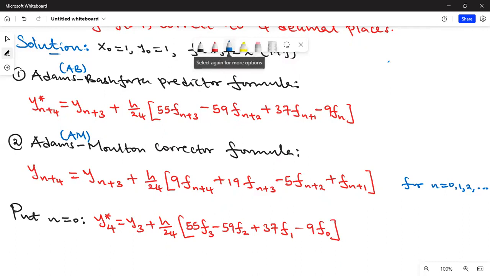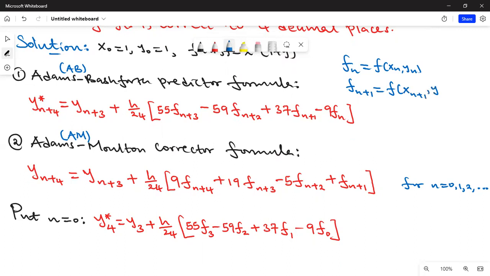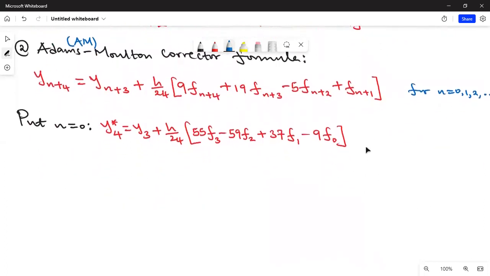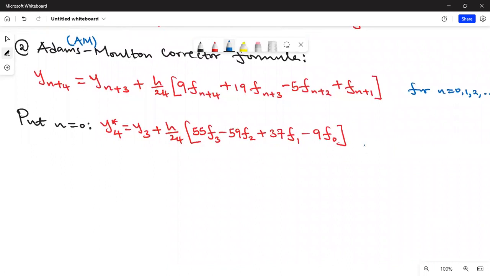Take note that when we write fn, it is the same as f of xn, yn. When we write f(n+1), it's the same as f of x(n+1), comma, y(n+1), etc. So now, before we find y4 star, first of all, we need to know the value of f0, f1, all the way up to f3.